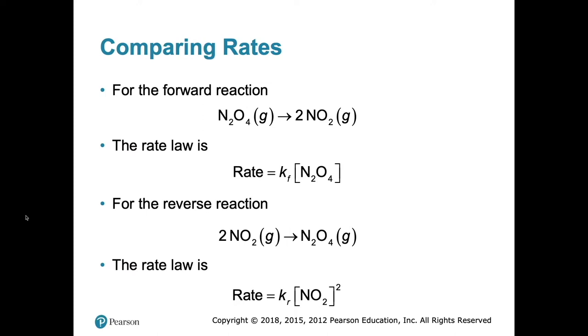And so the reverse reaction is going to be the NO2 gas becoming the dinitrogen tetroxide gas. You can see here the rate law uses Kr instead of Kf for the reverse reaction. And just like in the chemical kinetics section, we use the coefficients to figure out what our exponents are.